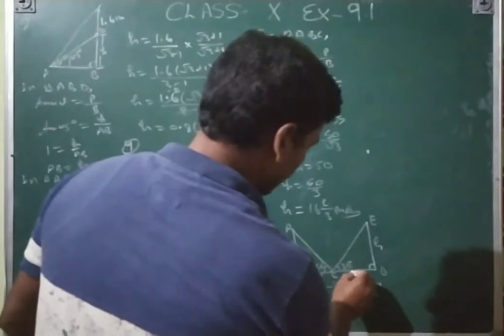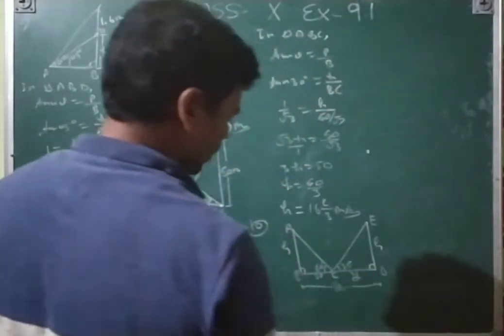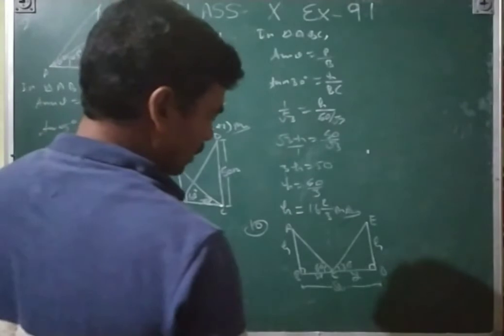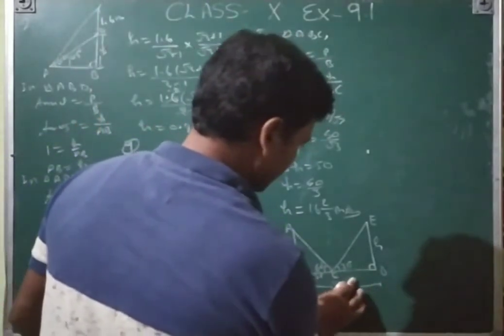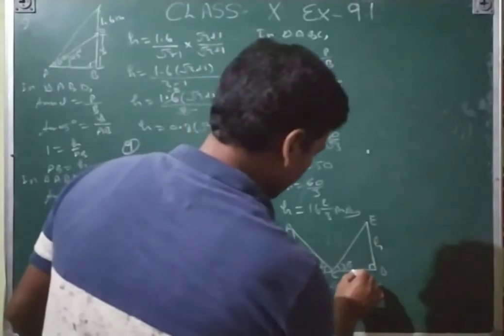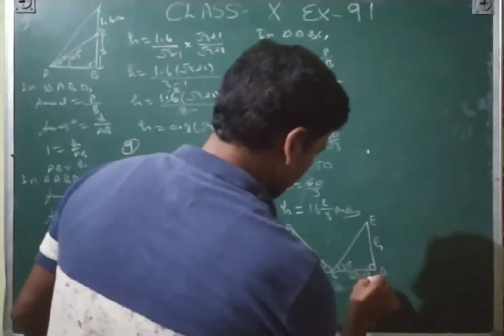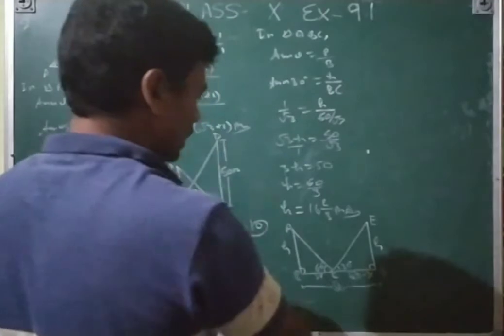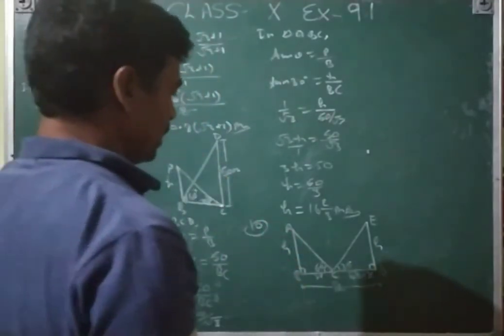No need to write y. Suppose this is x, and the total is 80, so DC will be 80 minus x.